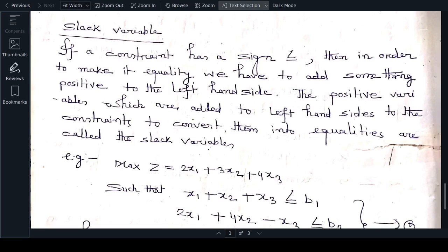If the sign of the constraint is less than or equal to, then in order to make it equality, we have to add something positive to the left hand side.